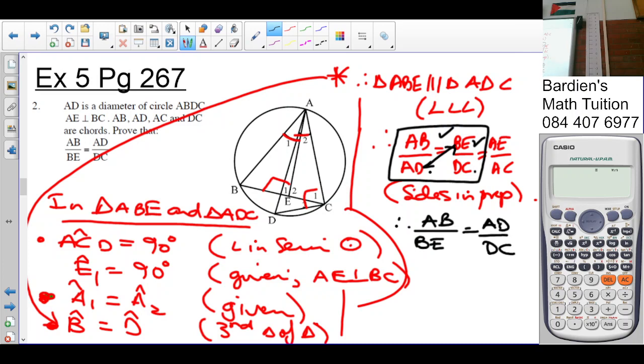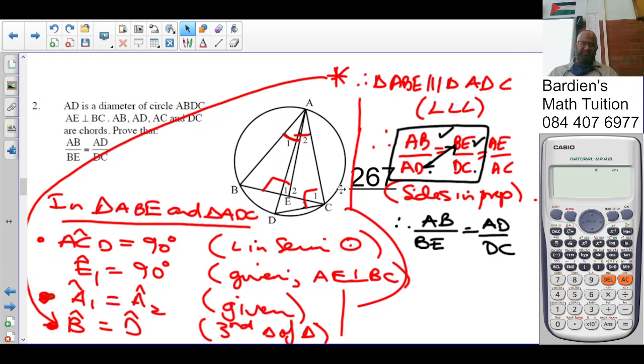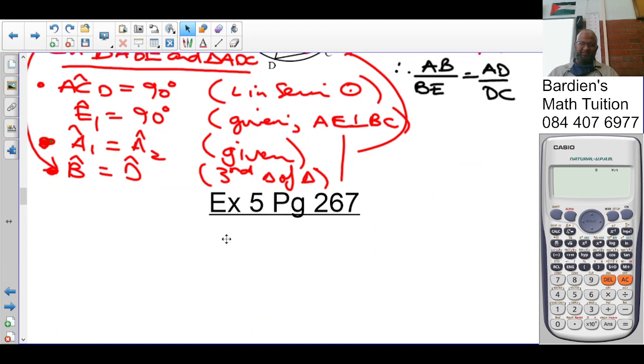Okay. Now something like this worth 6 marks, people. Okay. 6 marks. Remember, you're going to write on proportionality and similarity in your next exam. Okay. You only wrote proportionality in this one.